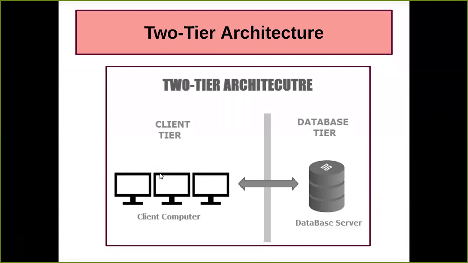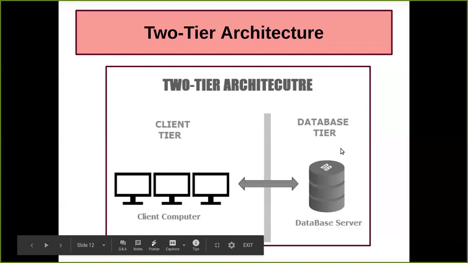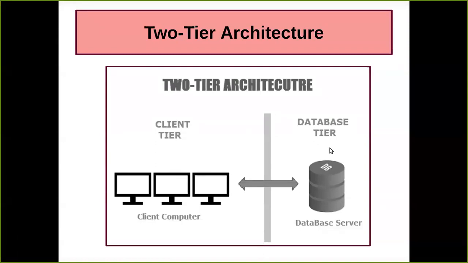That's why it is called two-tier architecture, because we have only two tiers over here. One is your client tier and the other is your database tier. In the client computer, we are going to integrate the presentation as well as the application layer, and we are just going to have another separate tier, the data layer, integrated into your database tier. Okay. Now we'll see a brief introduction about this two-tier architecture.